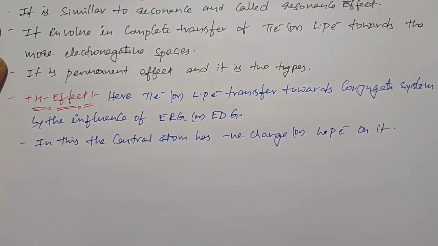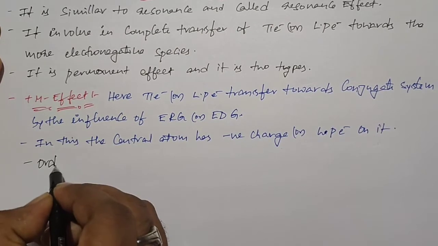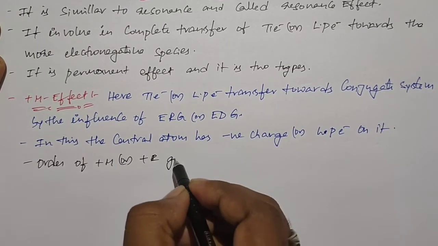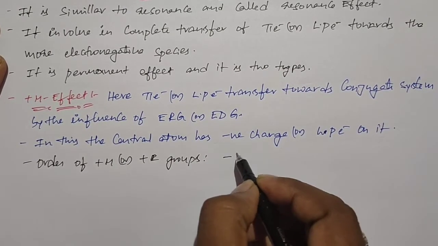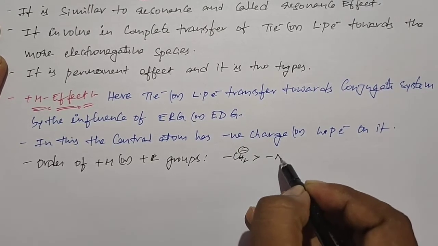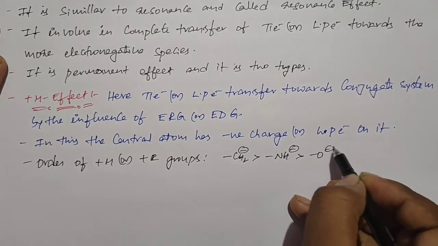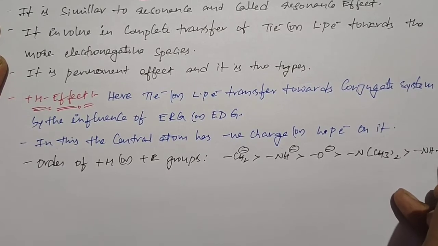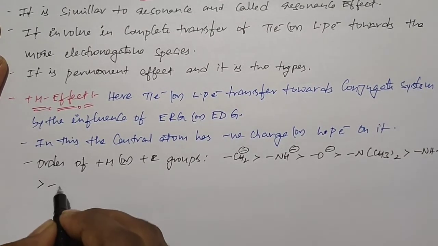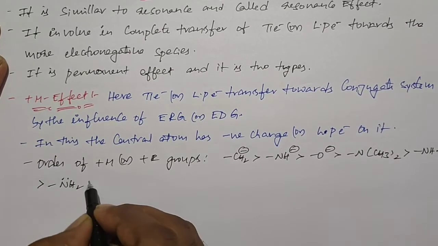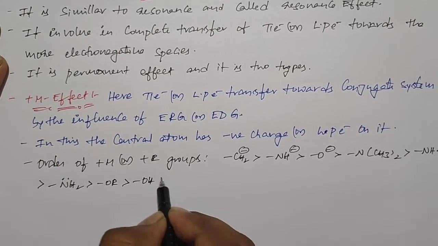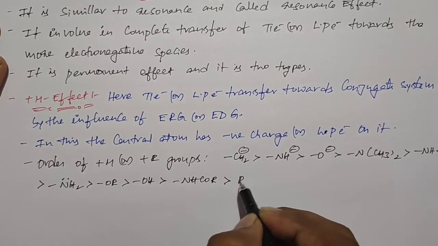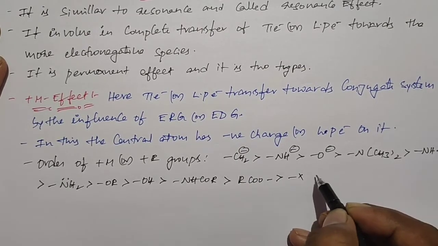Here I give the order of plus M or plus R groups: CH2 minus, NH minus, O minus, NR2, NHR, NH2, OR alkoxy, OH alcohols, NHCOR amides, RCOO minus, and X halogens.